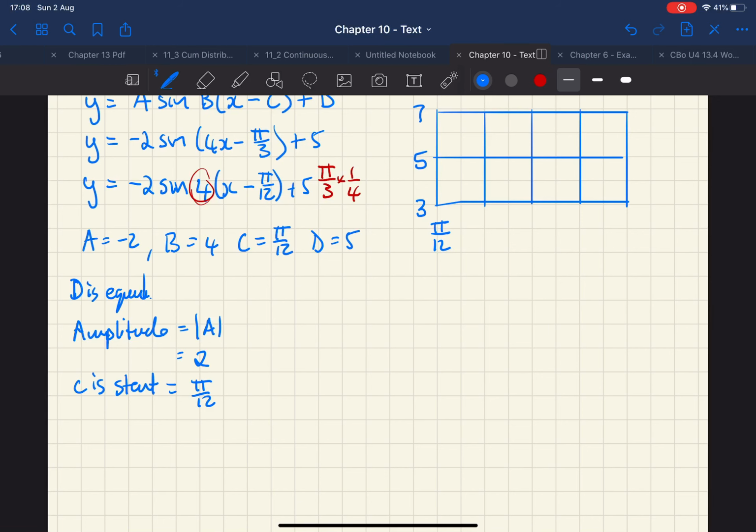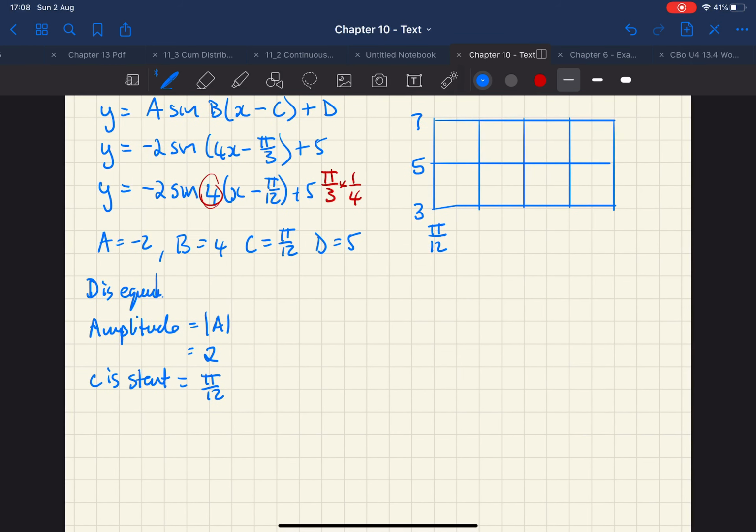Now I'm quickly going to draw my sine graph. Because a is negative, that means it's a reflection. So the sine graph should start here and go up, but now it starts there, goes down, turns over there, and comes back up. So my sine graph needs to be there.